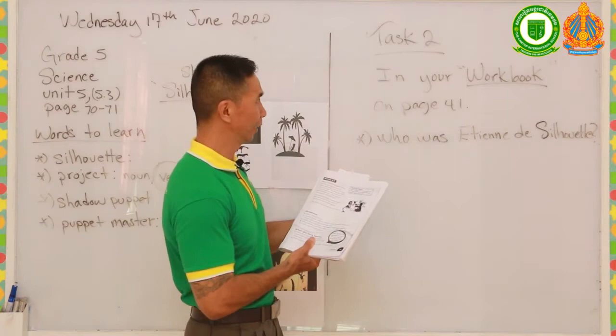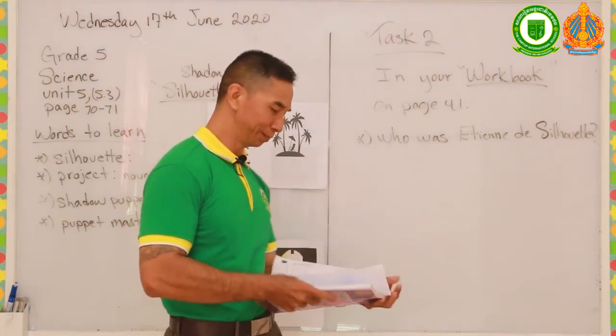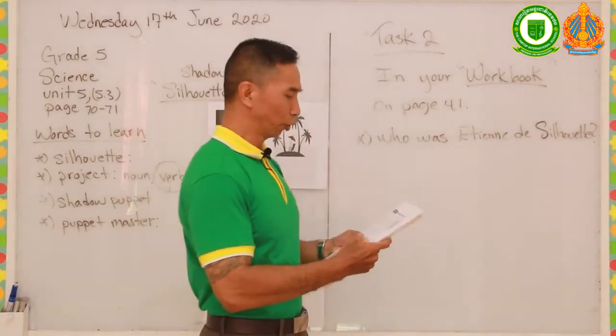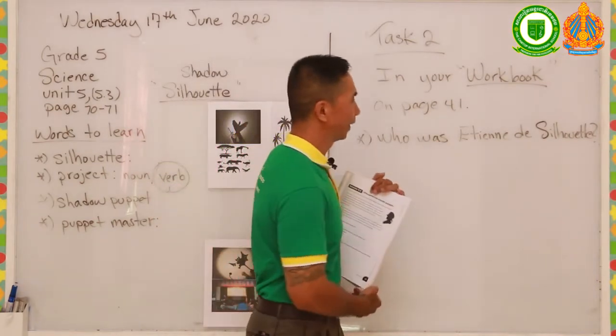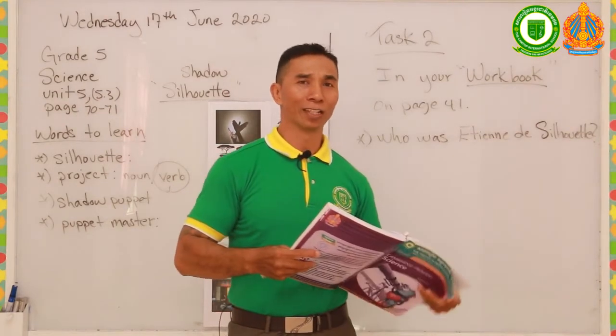Okay, now on to our second task. Your second task is in your workbook on page 41. Can you turn to it? Page 41 talks about a story about Etienne de Silhouette. Have you ever heard of her? Probably not.